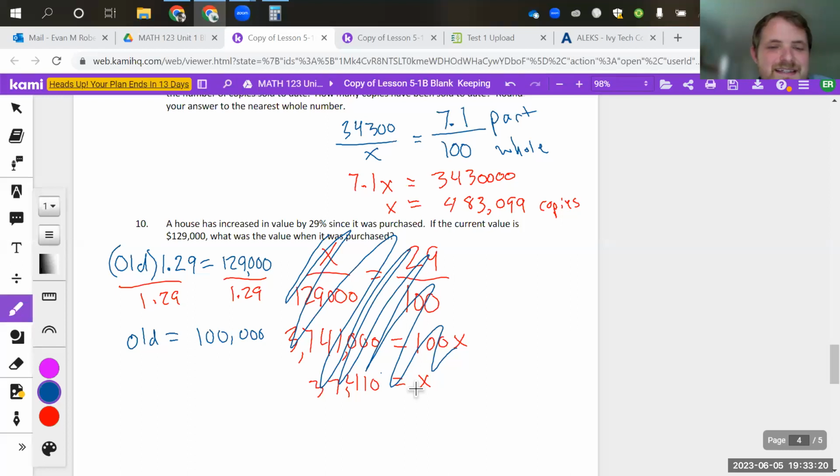That's what I was trying to do, but it doesn't work in this scenario, and I'm not sure specifically why. I think it's because it was increased, so it wasn't 29% of the original. So the actual price we want to work with is that the original price is 100,000.